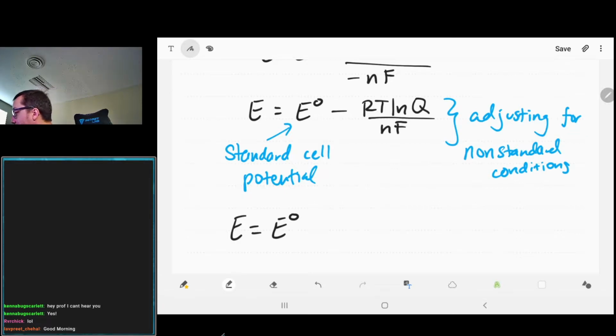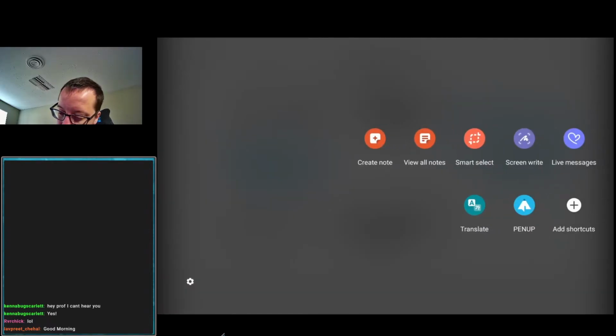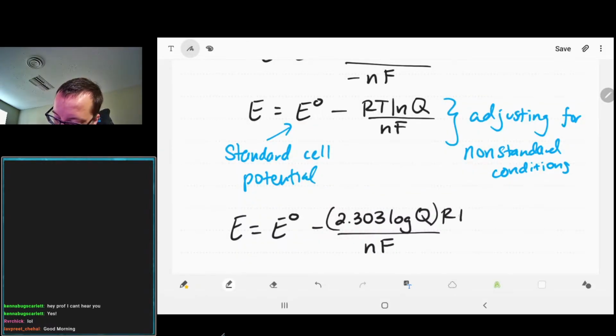I have to remember what this number is going to be, minus 2.303 log Q. This is going to be at 25 degrees Celsius. Oh, I'm sorry, I forgot the RT, didn't I?